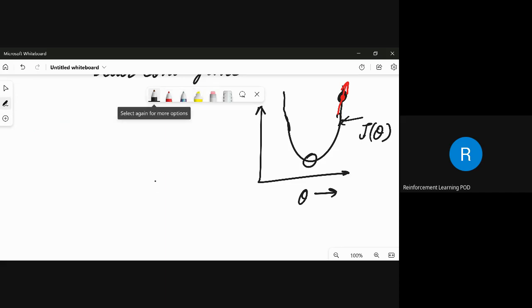That is, you want to move in the downward direction because you want to minimize it, and that's why typically your update rule would look something like this.